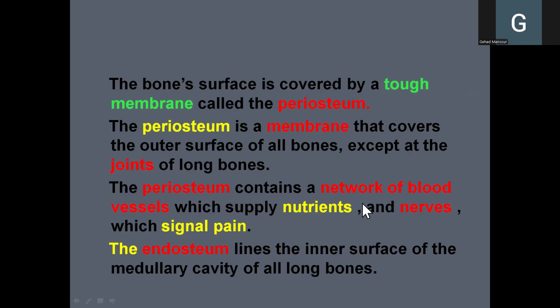The periosteum contains, as we said, a network of blood vessels. And these blood vessels are not here only to supply the periosteum as usual with oxygen and glucose for energy, but they also penetrate inside the bone to supply the inside of the bone with oxygen and nutrients for energy, but also for another very important thing, which is to supply the bone with stem cells, because the stem cells are present in the blood.